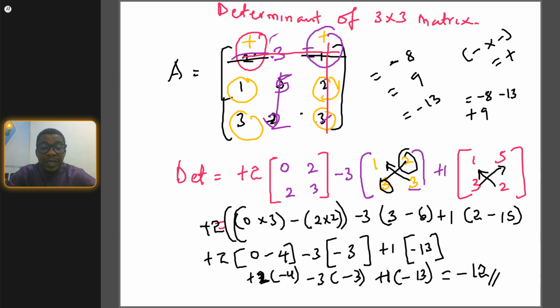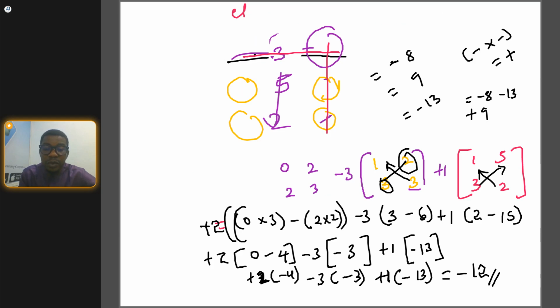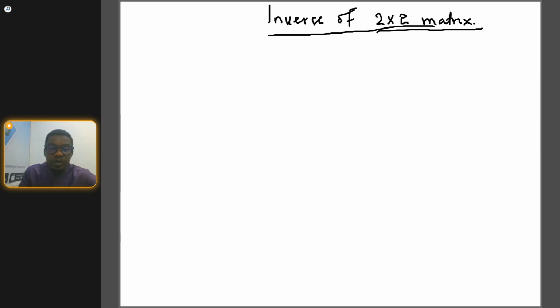Now let's take the inverse of a 2 by 2 matrix. Permit me to wipe the board. There are steps to follow when doing the inverse of a 2 by 2 matrix.